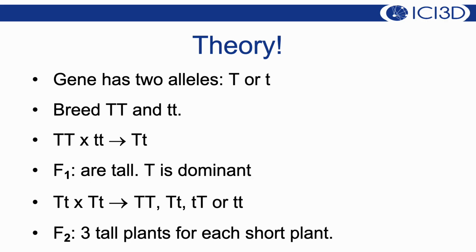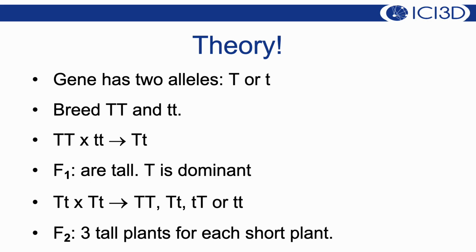If, however, you breed a plant which has bred true for the long stem, for capital T, against one which is breeding true for the short stem, so that's the two lowercase t's, then from one plant you're always going to get a capital T, and from the other plant you're always going to get a lowercase t.